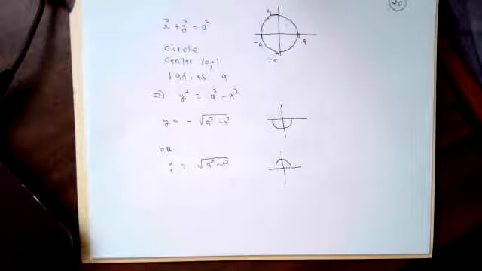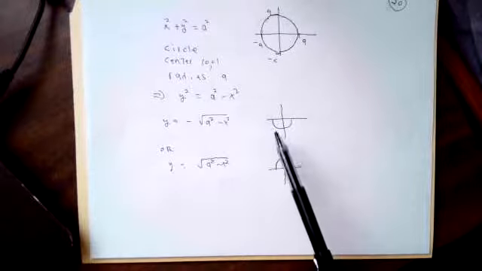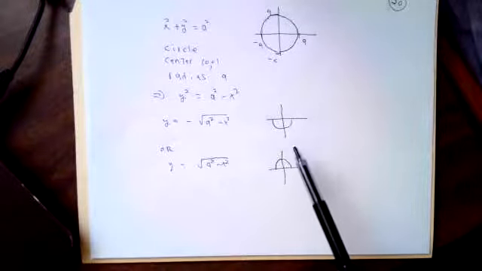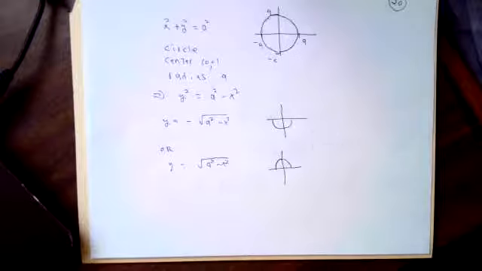It'll make it less than or equal to 0. So you'll get negative y values mostly, except at the ends. This is the bottom half of the circle. You can work with either one of these you wish. I'm going to work with this one so that I don't have to worry about the extra negative sign.